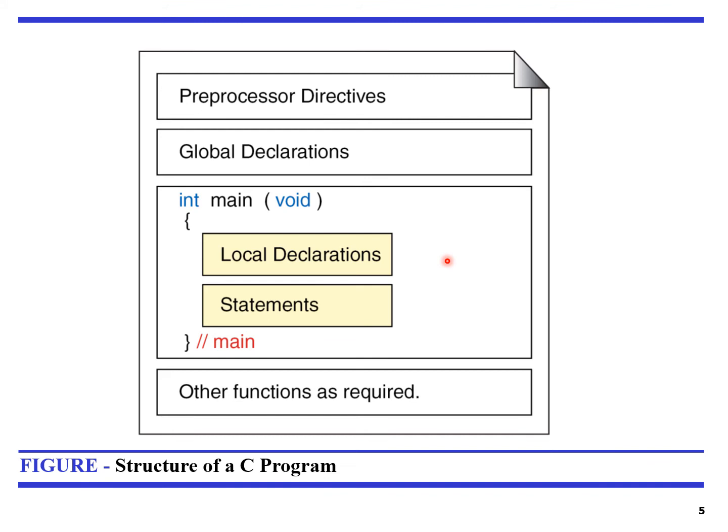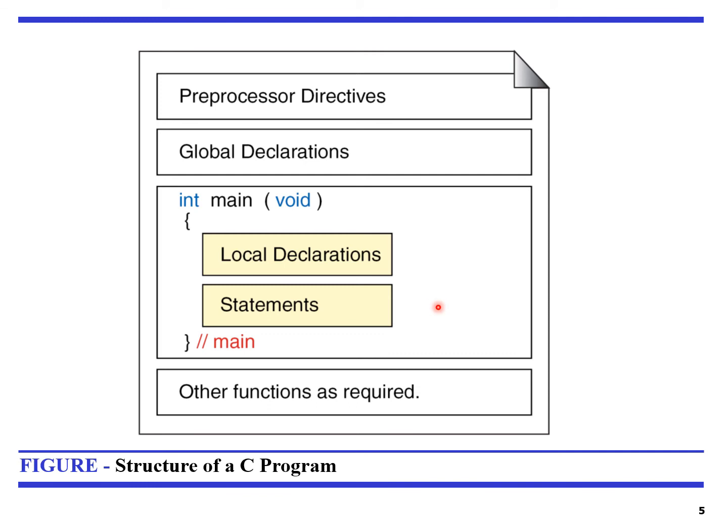A declaration may be optional or required depending on the programming language. For example, in the C programming language, all variables must be declared with a specific data type before they can be assigned a value.